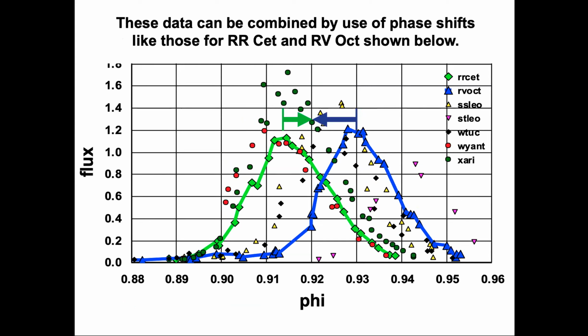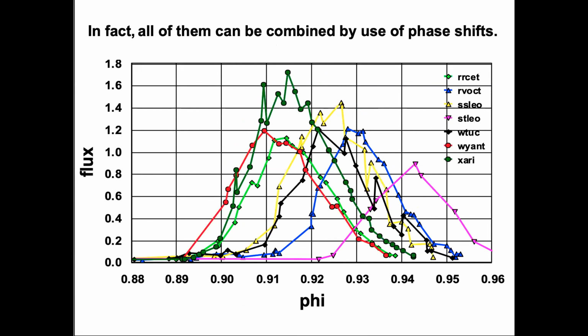You have to pick a reference phase that you're going to use for all the spectra. I picked 0.92. And then you perform the shifts. And in fact, it's not just those two, but you can see that they're all correlated with one another. They're all phase shifted.